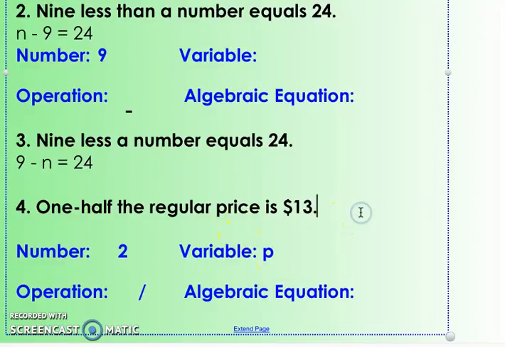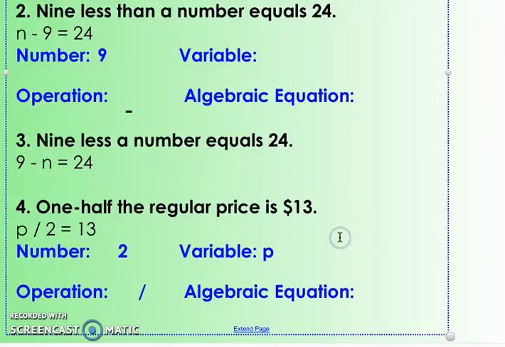Let's say my price was $26. If I took half of that, I would divide it by 2, right? So let's say we don't know what it is. So I'm going to start with P and I'm going to divide it by 2. I'm taking half of it. And is in this problem, remember, is equals 13.